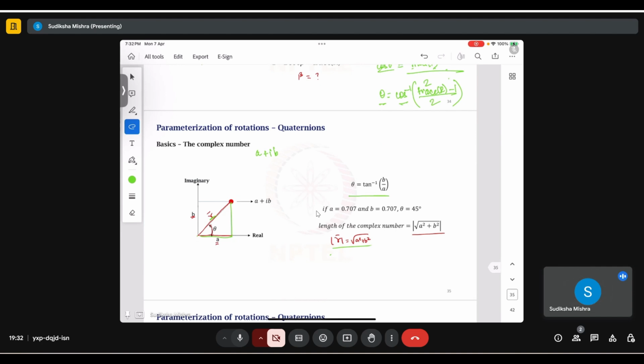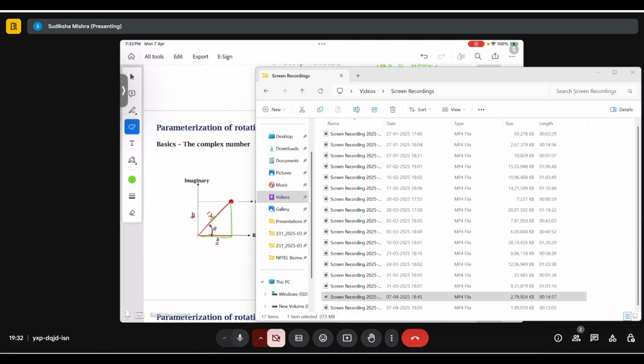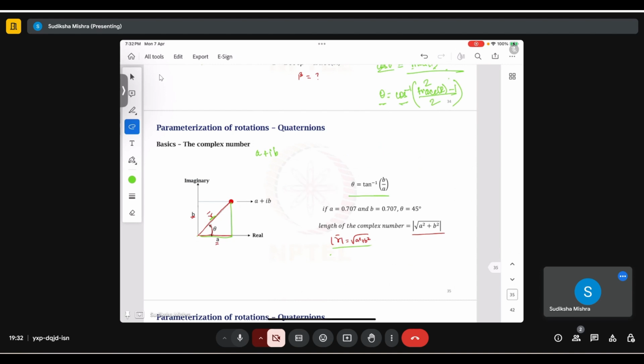Coming back to some of the basics, any complex number is of the form a plus ib, where a is the real portion and b is the imaginary portion.